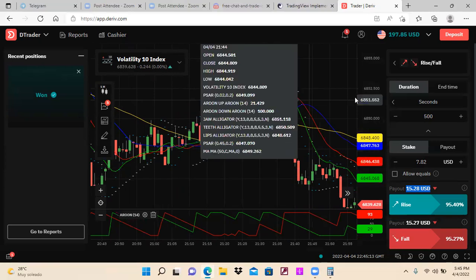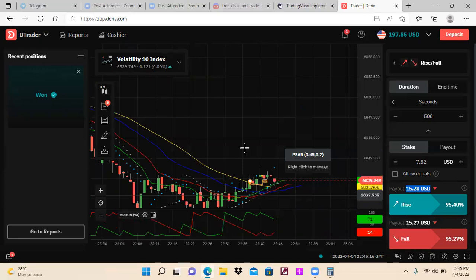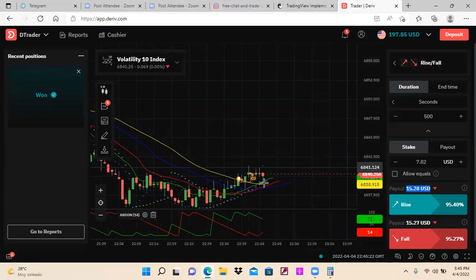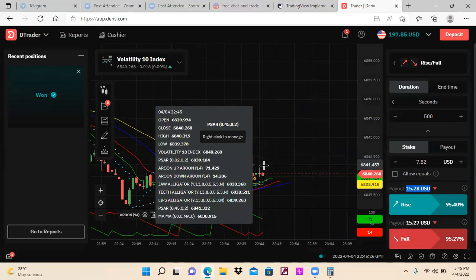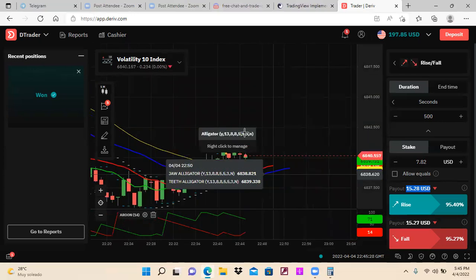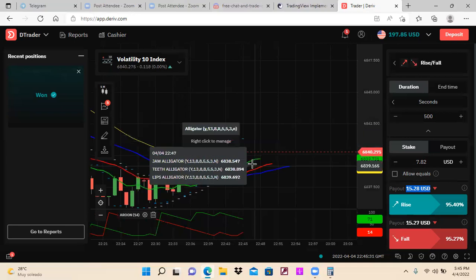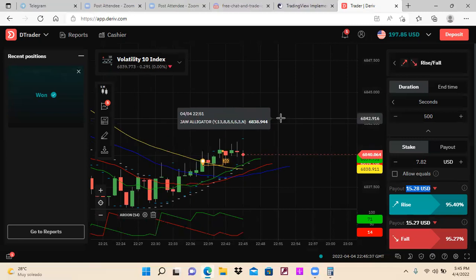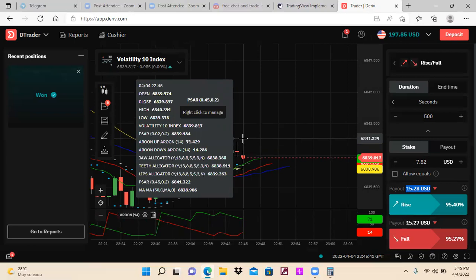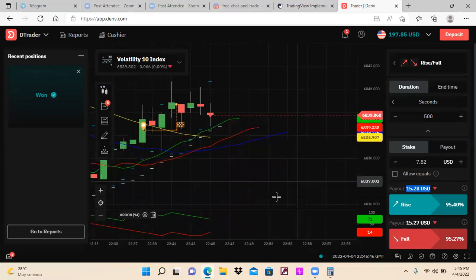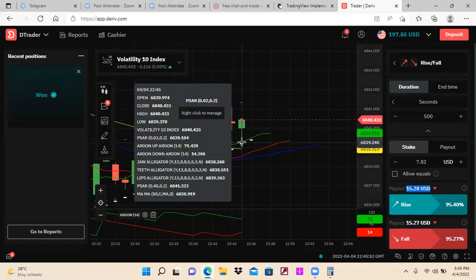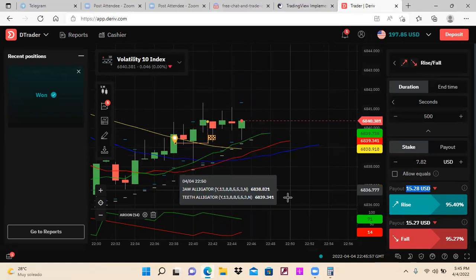That is the situation that we want to follow. Currently it is getting closer to the green line, and we have a parabolic signaling that it is going to drop. We'll have one confirmation. If we have a second parabolic above this candle, it is a great signal that it's going to drop. But this is just a waiting indication for now. So let us watch and see the outcome of this parabolic and see if the candles are going to drop below the green line.